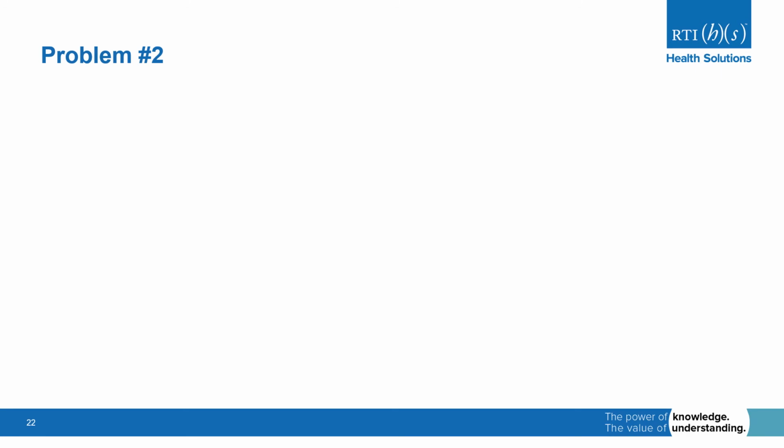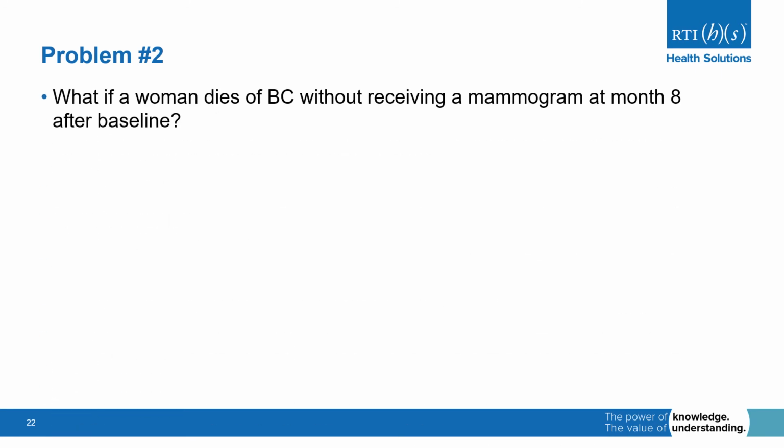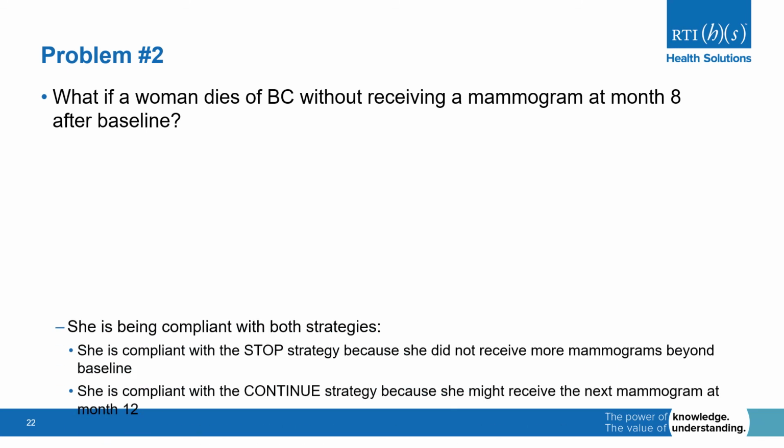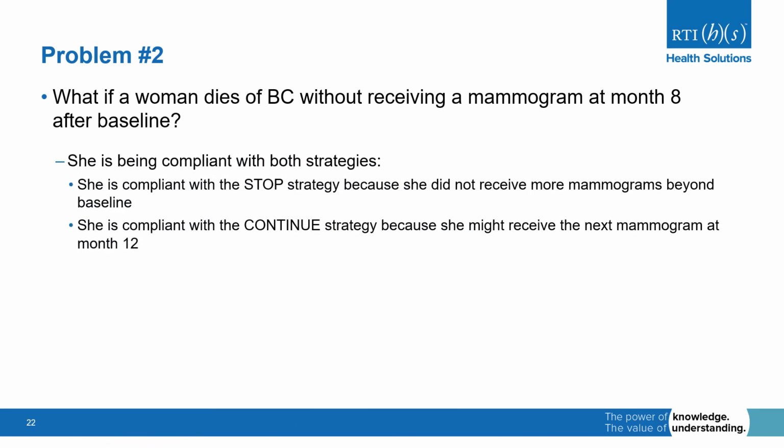Okay, problem number 2. What happens if a woman dies of breast cancer, suffers the outcome of interest, without receiving a mammogram at month 8 after baseline? This woman is being compliant with both strategies. She's being compliant with the stop strategy because she did not receive another mammogram after baseline.